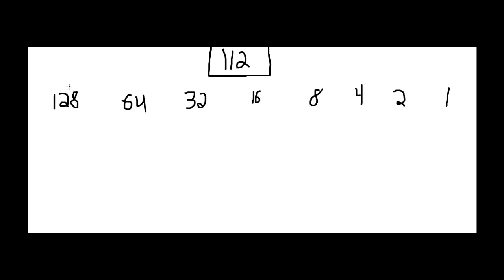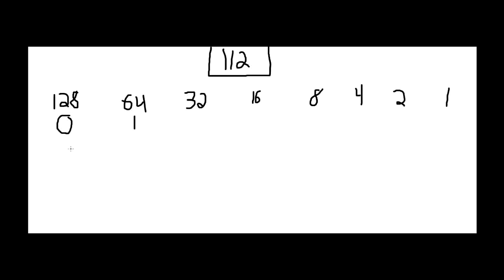Right now, 128 is your first number on the left. It's higher than 112, your base number, so you put a 0. If something is higher, it gets a 0. If it's lower, then it gets a 1. So you go on to your next number. 64 is less than 112, so it gets a 1.